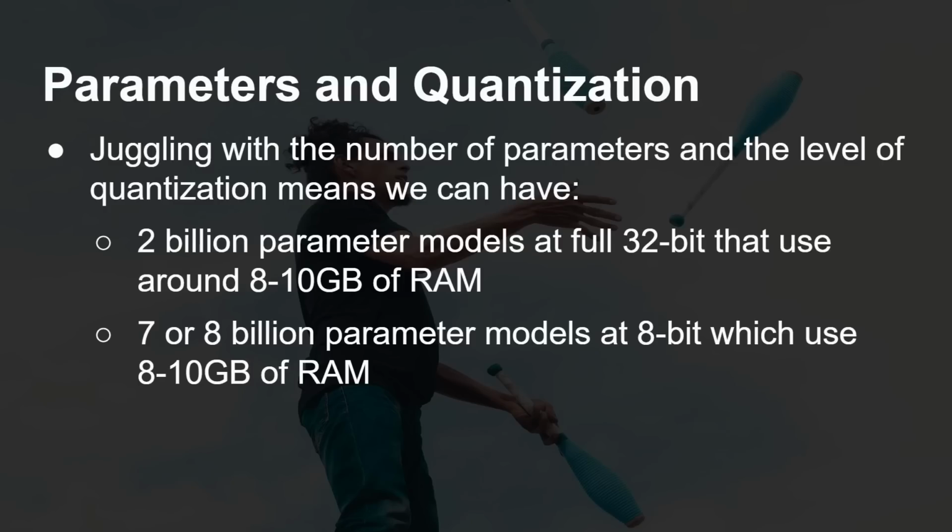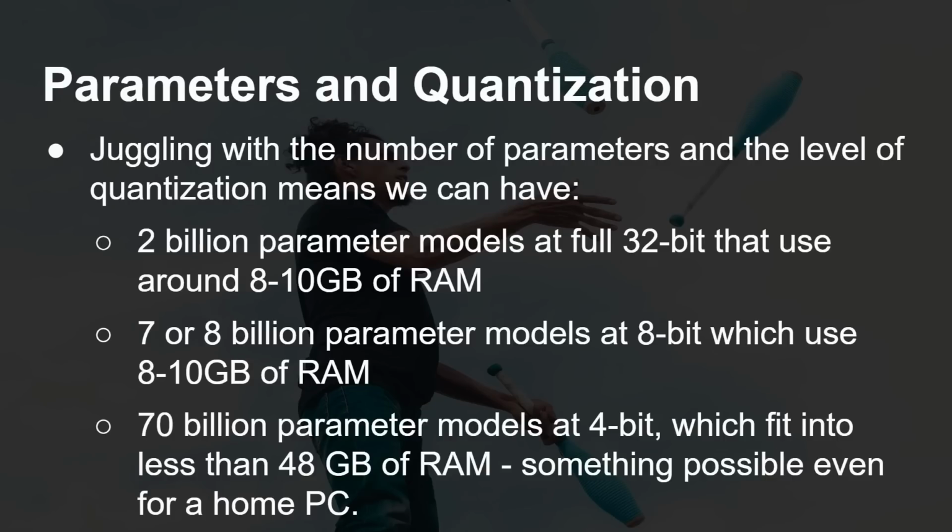So you can have a model that is 4 times more complex, but you've reduced the precision, and yet it still fits in the same amount of memory. Now, this is what we're going to be looking at. What does that mean? And using quantization, you can even take a 70 billion parameter model at 4 bits, and you can make it fit into under 48 gigabytes of RAM.